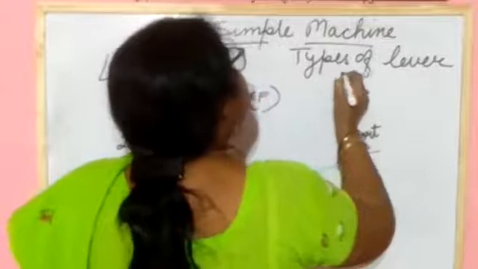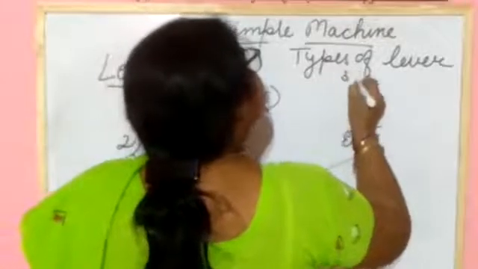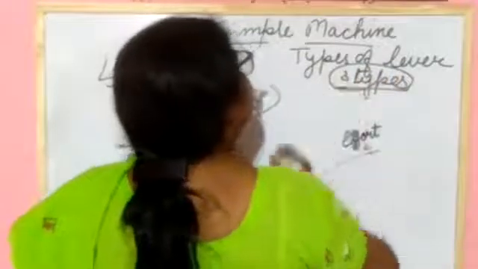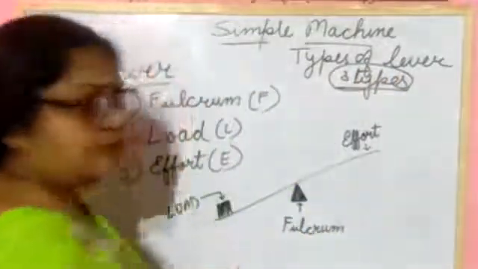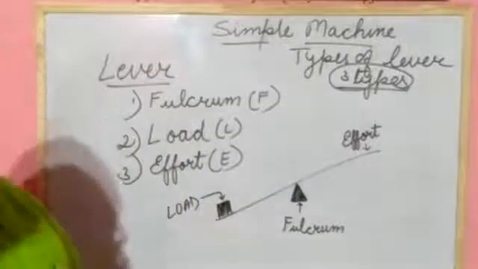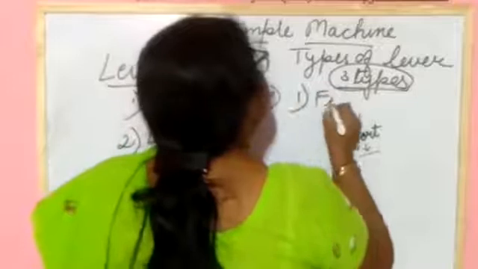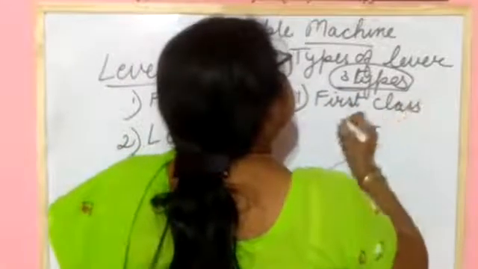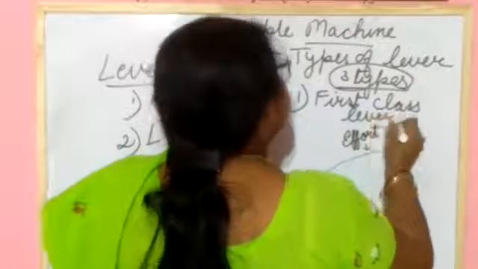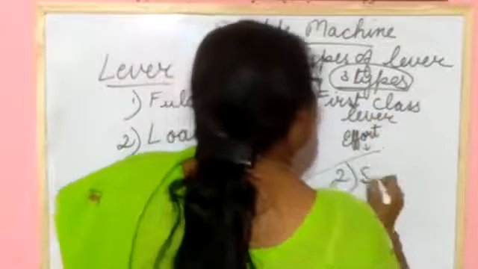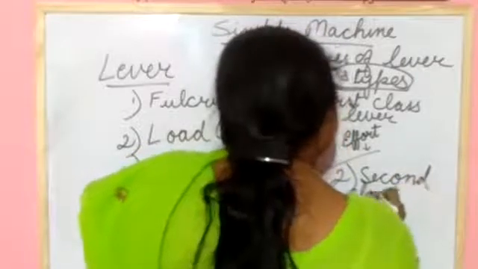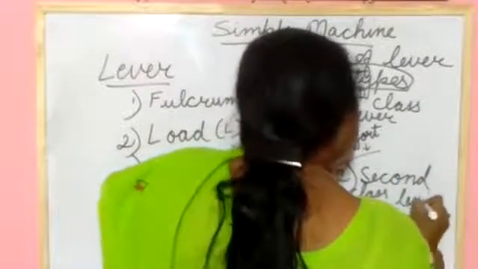How many types of lever are there? Three types. What are the three types of lever? Number one is first class lever. Number two, second class lever.